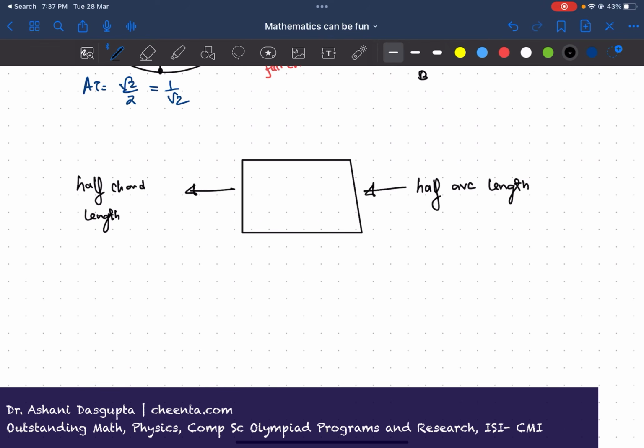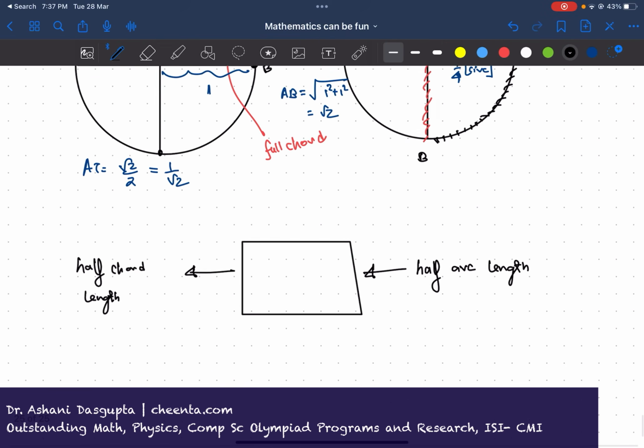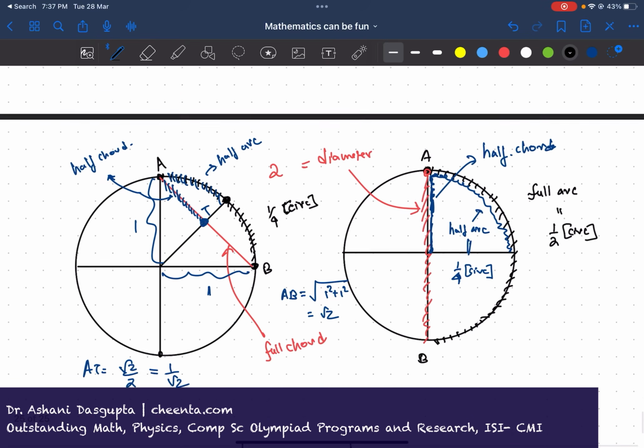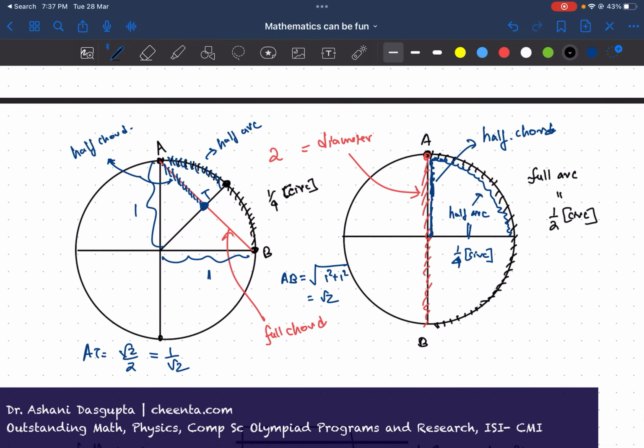Sometimes in some trigonometry books, they start with a right angle triangle, and then they talk about sine and cosine and so on. But the real reason you need a right angle triangle is because they were trying to compute full arcs and full chords.